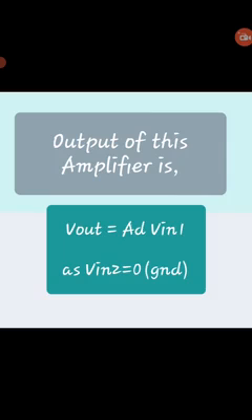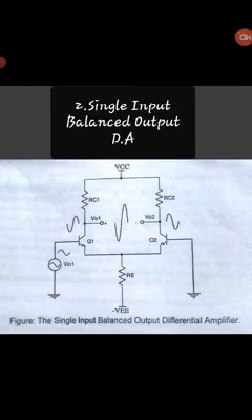Then the second type of the differential amplifier is the single input balanced output differential amplifier. In some applications only one input is needed while the other input terminal is grounded.